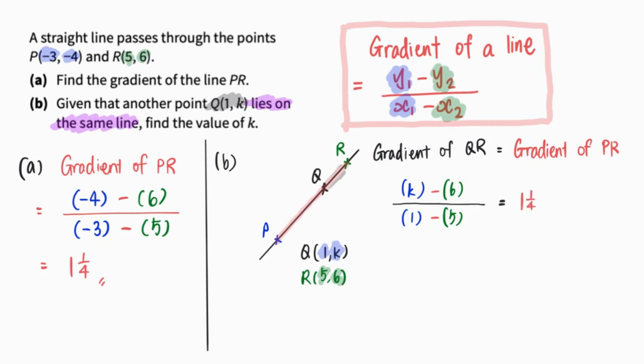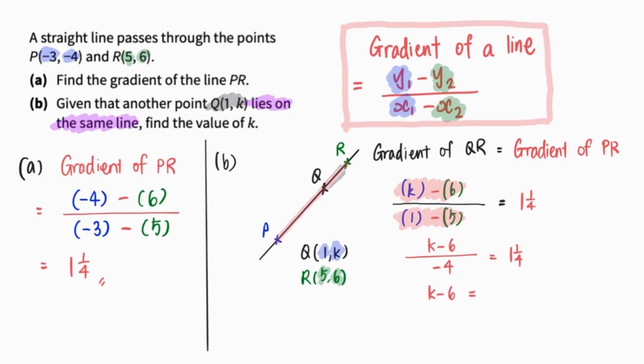Okay, so let's continue to simplify this and solve for K. So this one will be K minus 6 over 1 minus 5, which is negative 4, and this will be equal to 1 1/4. So K minus 6 will be equal to 1 1/4 multiplied by negative 4.